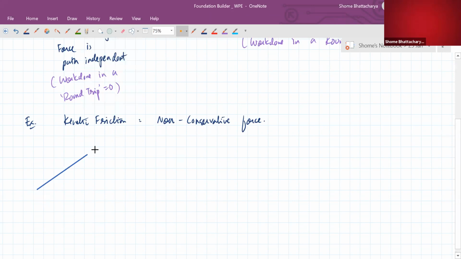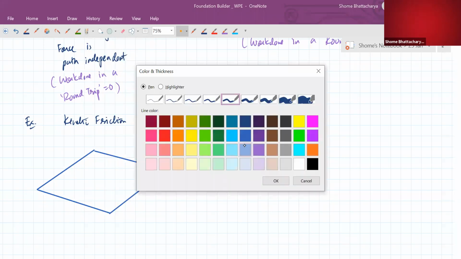Suppose on a rough horizontal surface we move a particle from one point to another by two different paths. We will see that the work done by kinetic friction in the two paths will be different.